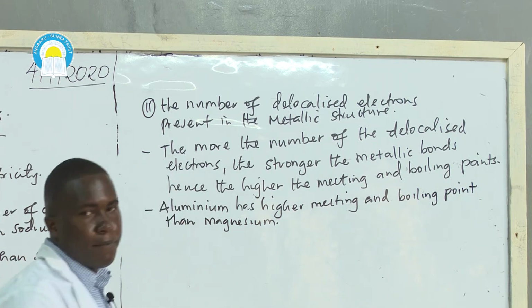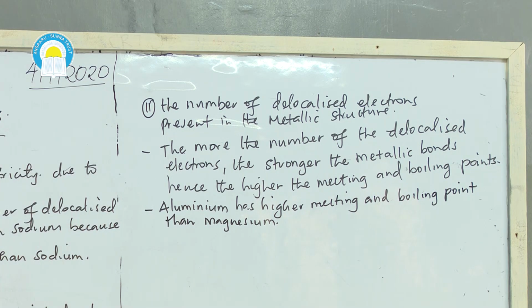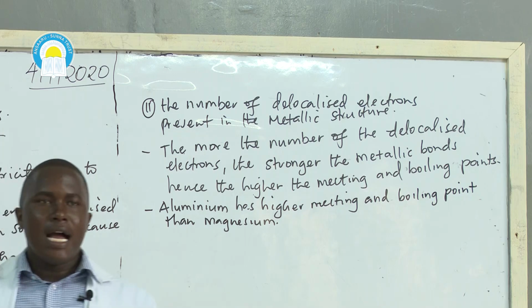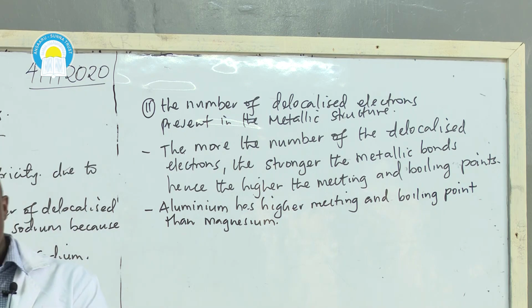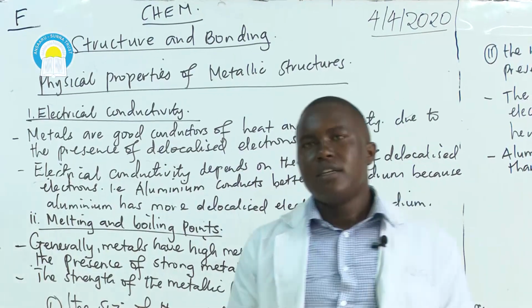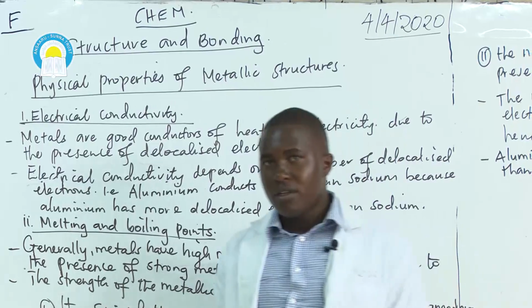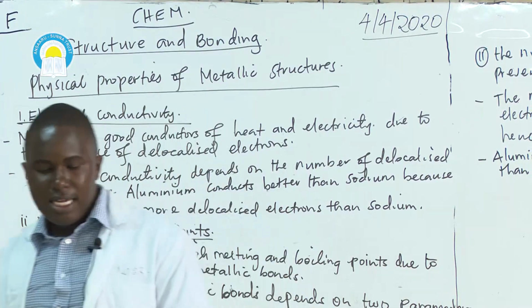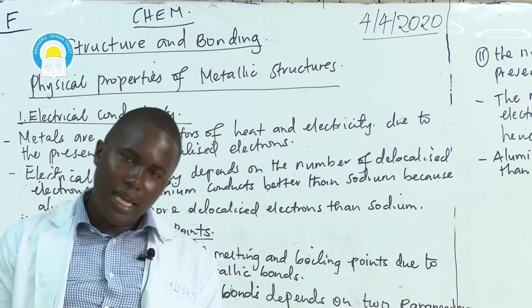So when you are looking at period 3 elements, we say that aluminum has a small atomic size because of the increased nuclear charge in aluminum metal. That one we learned in period 3 elements.